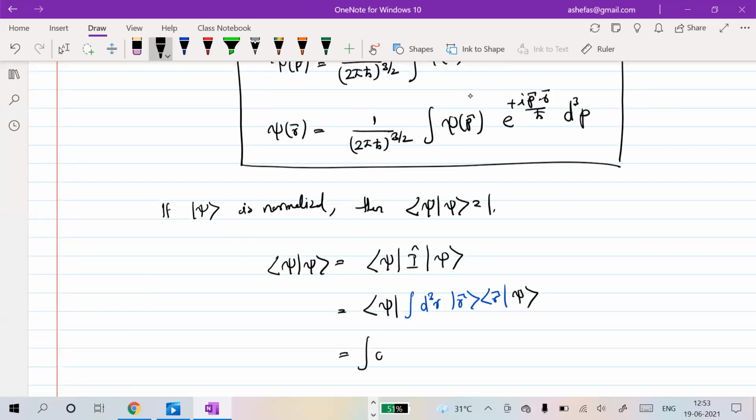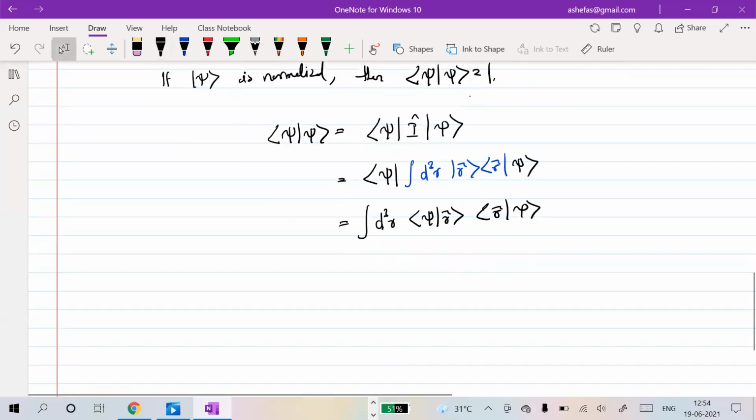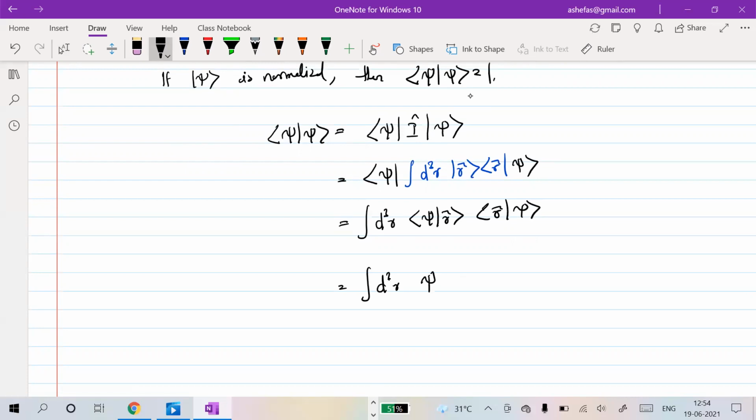So here you will get one integration d³r and two inner products, ⟨ψ|r⟩ and ⟨r|ψ⟩. The ⟨ψ|r⟩ is nothing but ψ*(r). So we can write integral d³r ψ*(r) ψ(r), and that would be equal to 1.